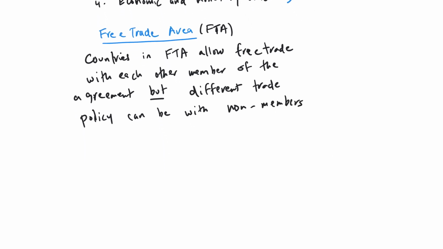Let's say there are three countries, A, B and C, and they all form an agreement with each other. So there is a free trade area, which means that when A, B, C are part of the free trade area, there will be no tariff between A, B, C. A will not put a tariff on B, B will not put a tariff on C, and so forth.